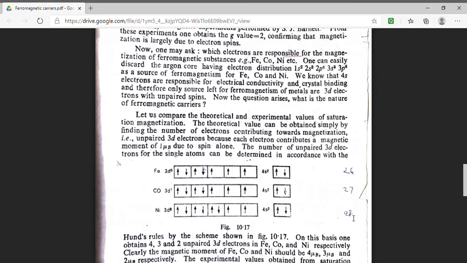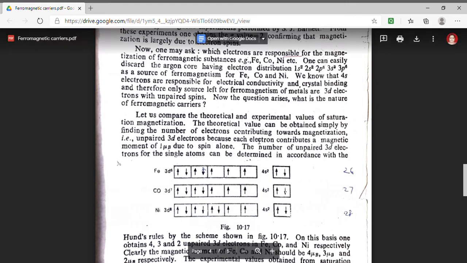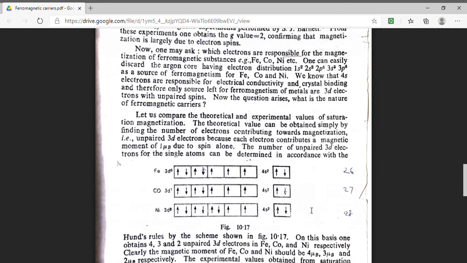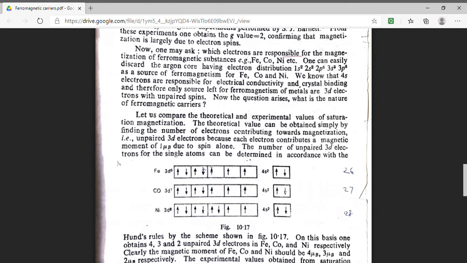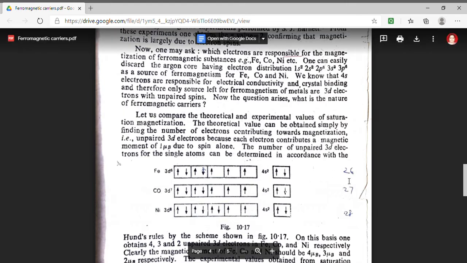And from the Pauli exclusion principle, we can determine the number of unpaired electrons. Since all these elements contain an argon core, the number of electrons filled is 18. This is the inner inert argon core, so it will have no contribution in magnetization. The outer shell, that means 3d, is responsible for magnetization. Now in iron, 18 electrons are occupied here.